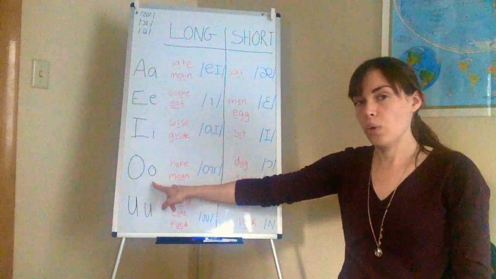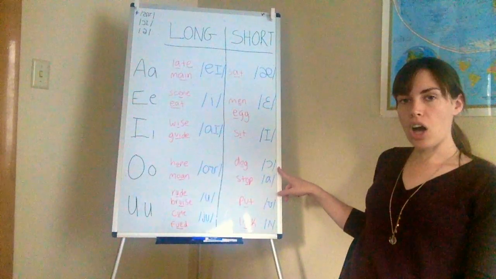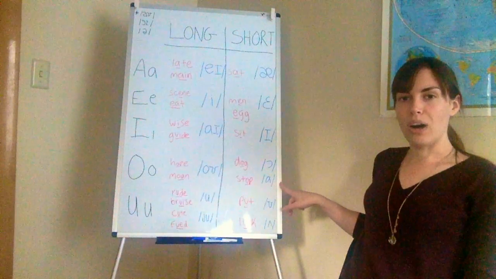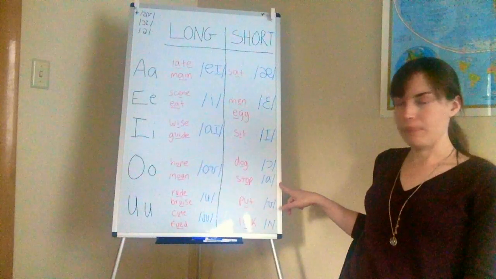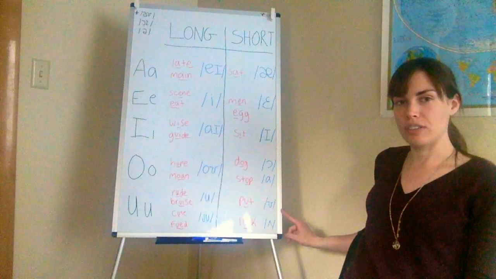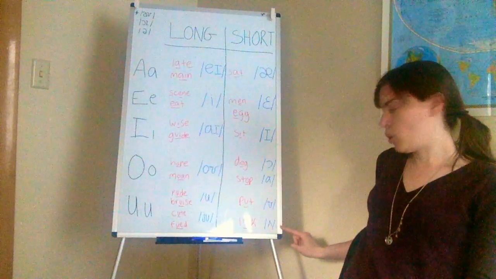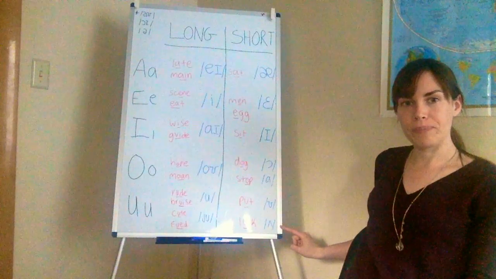For the letter O, the short version, there are actually 2, ah, like in dog, or ah, like in stop. For the letter U, again, there are 2 short versions. It's either like in put, or like in luck.